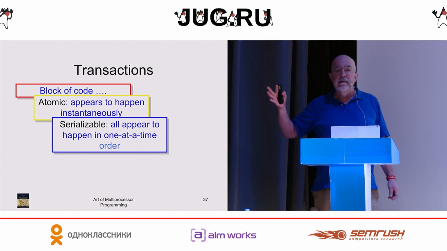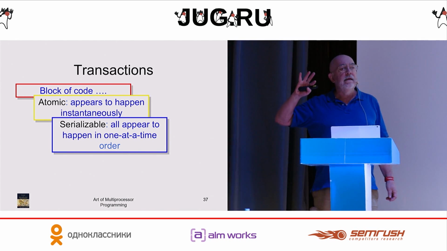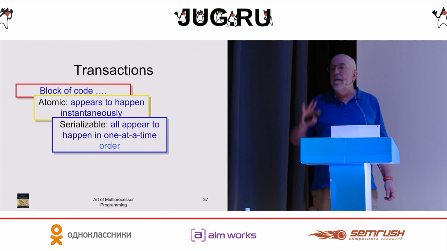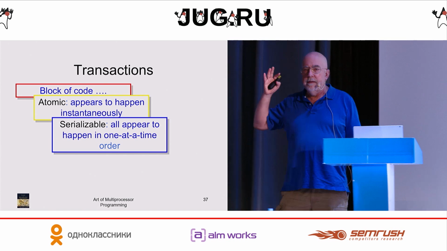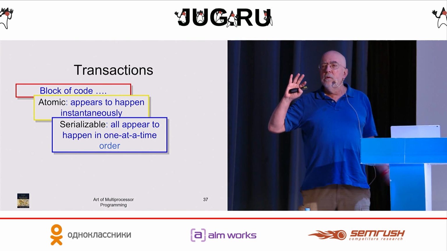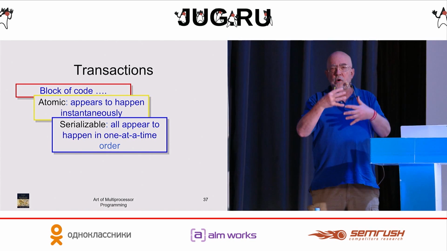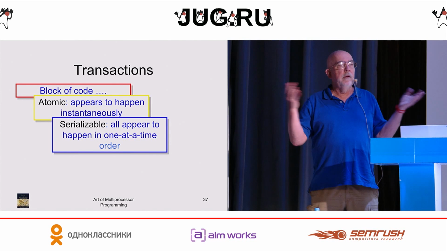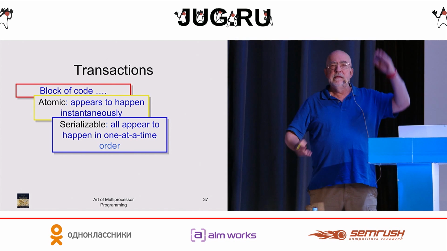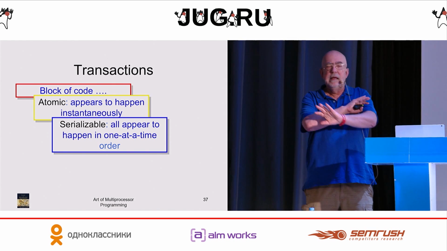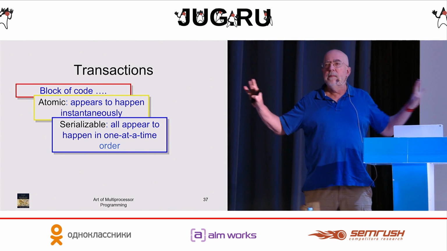But the semantics, the meaning, is that they act as if they happened in one-at-a-time order, because it's easier to think about things that way. If you had to worry about all the different ways that your lines of code could interleave, then it would be very hard to write any kind of reliable software. So what we're going to say is I can take multiple statements, put them in a transaction, and it appears as if they were one atomic step.